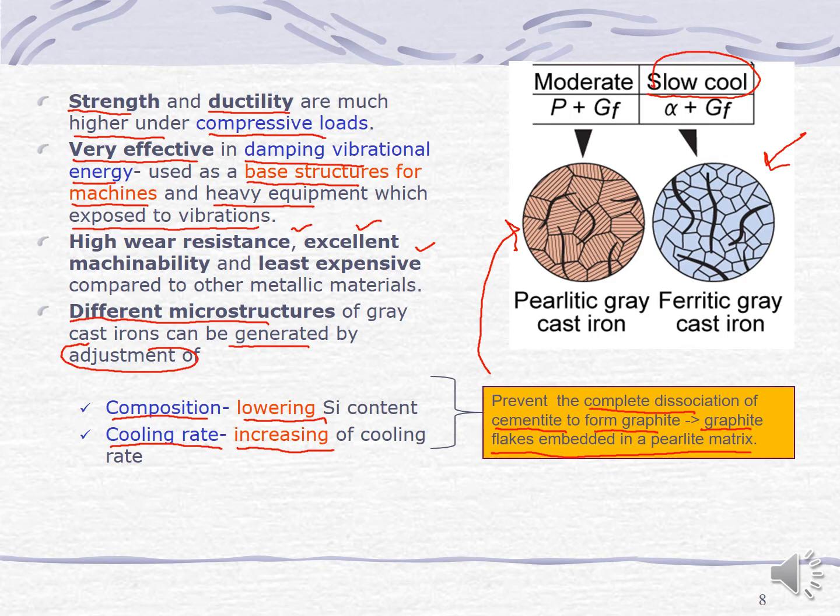When we increase the cooling rate and lower the silicon content, it produces pearlitic grey cast iron. In both pictures you can see the graphite flakes, but for the pearlitic, the flakes are surrounded by a pearl-like structure, while for the ferritic, they are surrounded by alpha ferrite.